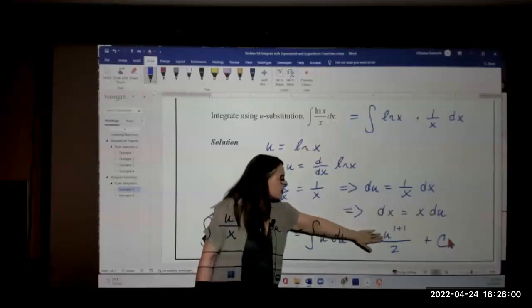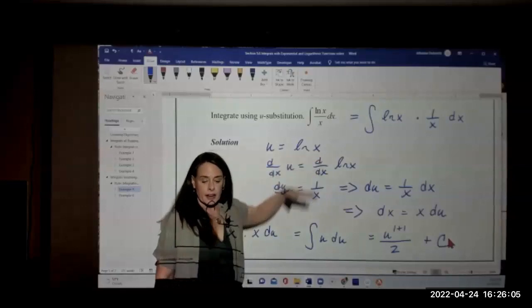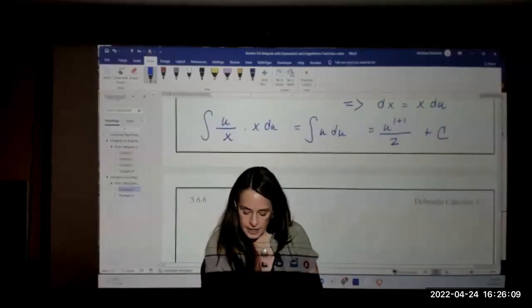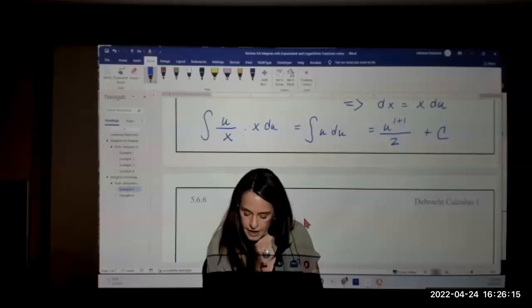So I back substitute what u is. U, of course, was the natural log of x, and it's being raised to the second power. So I can then write the answer as 1/2 the natural log of x quantity squared plus c.